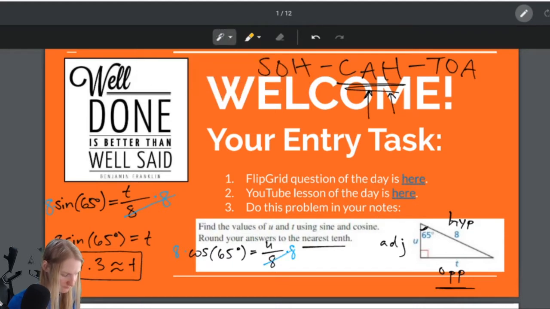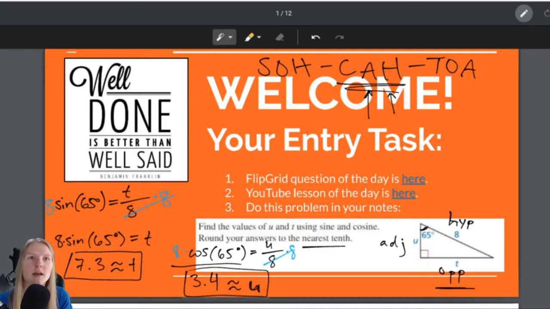And now 8 times cosine of 65 degrees is approximately 3.4, which is equal to u. Beautiful. That is the entry task problem of the day.